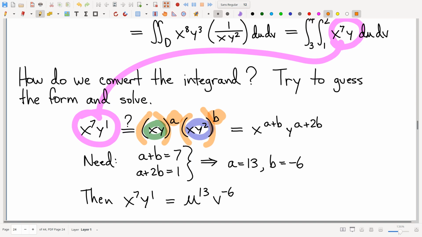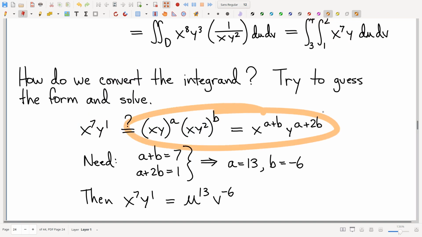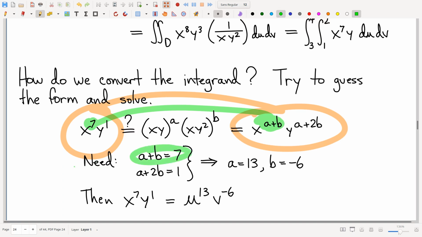And then it's just a matter of multiplying everything out and writing things down. You multiply this out, you get that, which means that. And so therefore the powers of x have to be equal. And therefore the powers of y have to be equal.